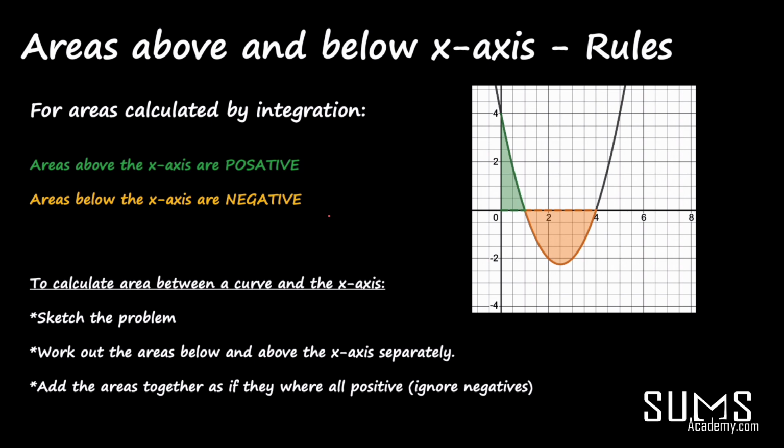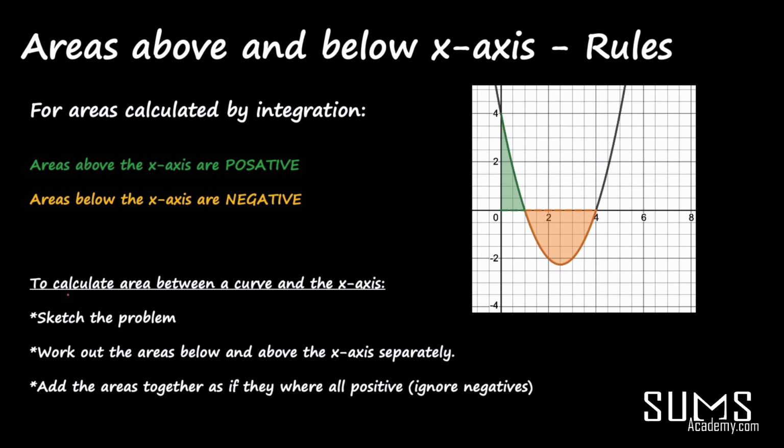In the real world, obviously areas can't be negative. But area is more of a word we use to describe this kind of shape underneath the graph. Because sometimes you won't always be measuring something like area, and sometimes things will be able to be negative. But in this scenario, I think it's easiest to think about it like this. As I've shown here, I've color-coded it. Areas above the x-axis are going to be positive, and areas below the x-axis are going to be negative.